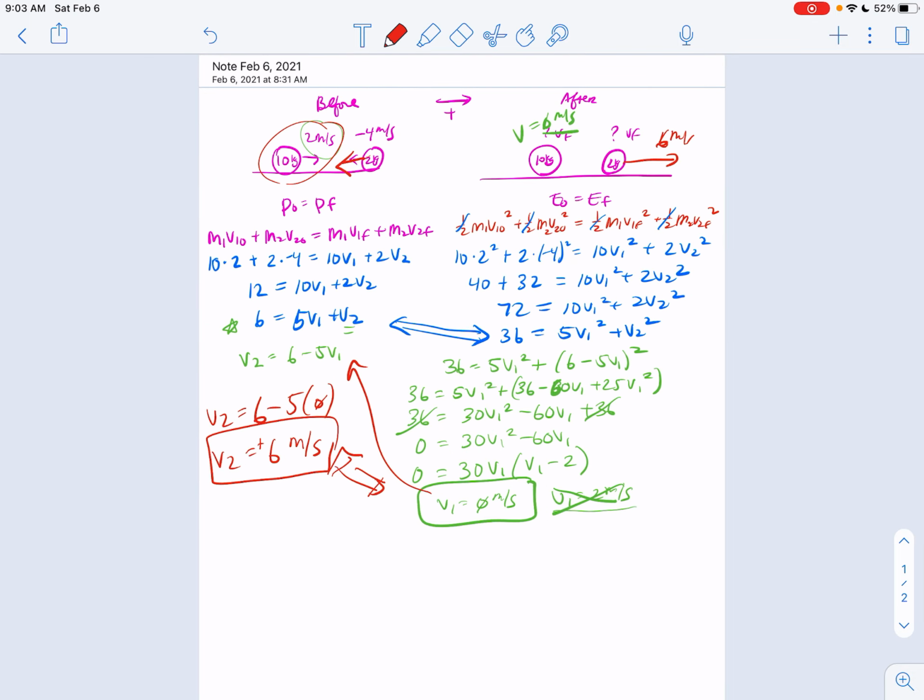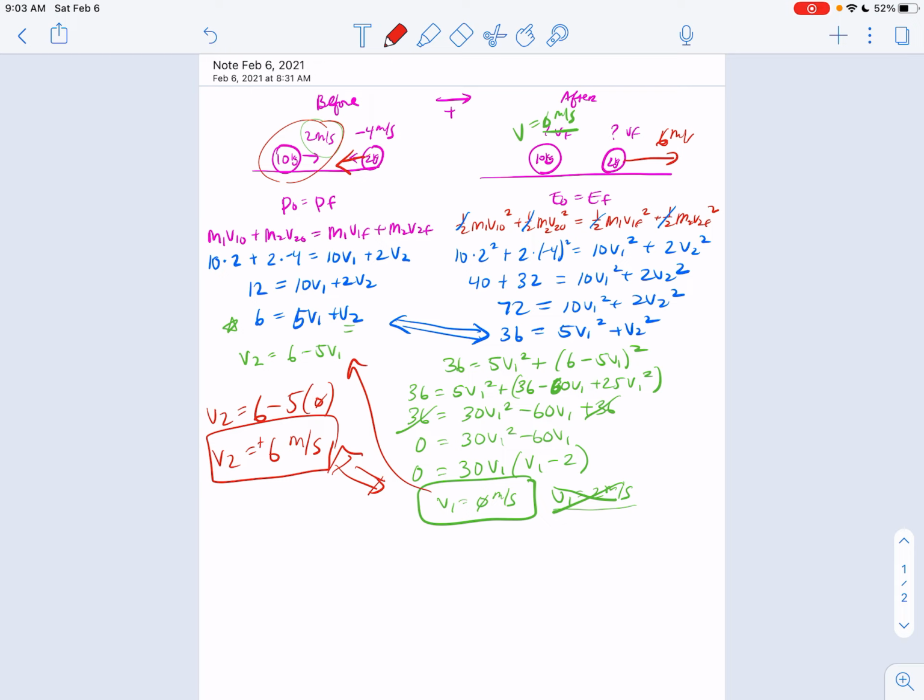And then I can see in here there's a little shortcut. I'll link a video to it, because it's a little bit of a shortcut for how you derive that. But basically in an elastic collision, V1 initial plus V1 final equals V2 initial plus V2 final.